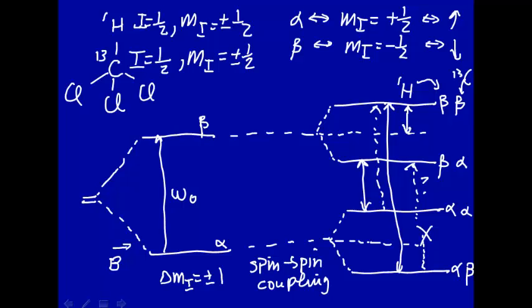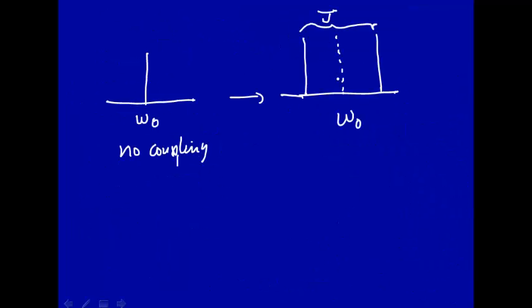This splitting here is equal to J over 4. This splitting here is equal to J over 2. And the difference between this line and this line is equal to J. So that's just nomenclature. But the big point is that with spin-spin coupling, you now have a doublet.